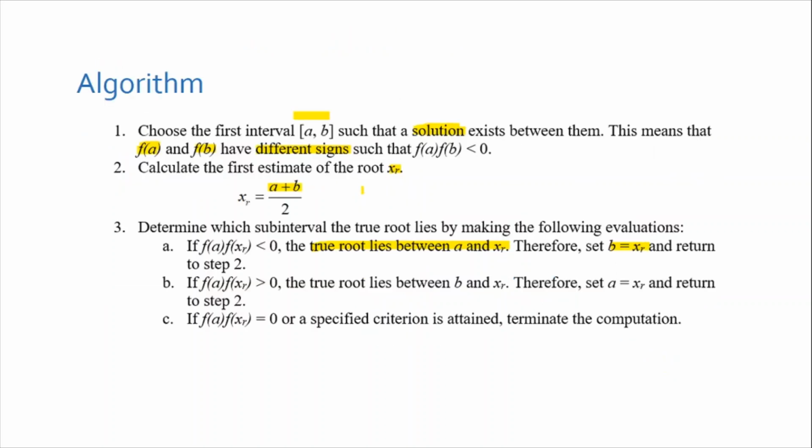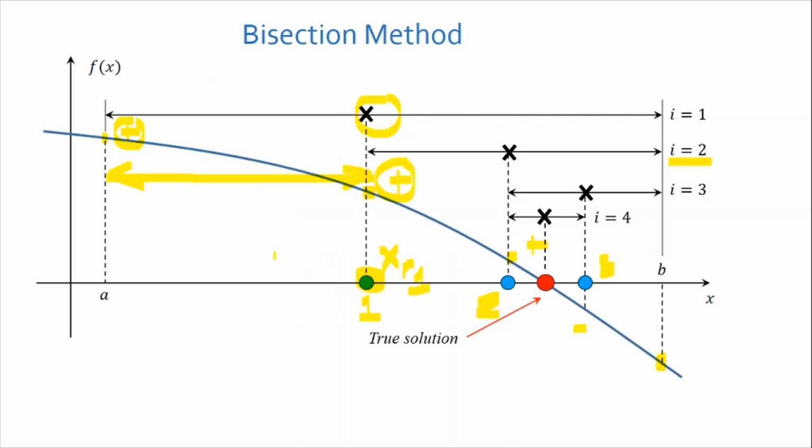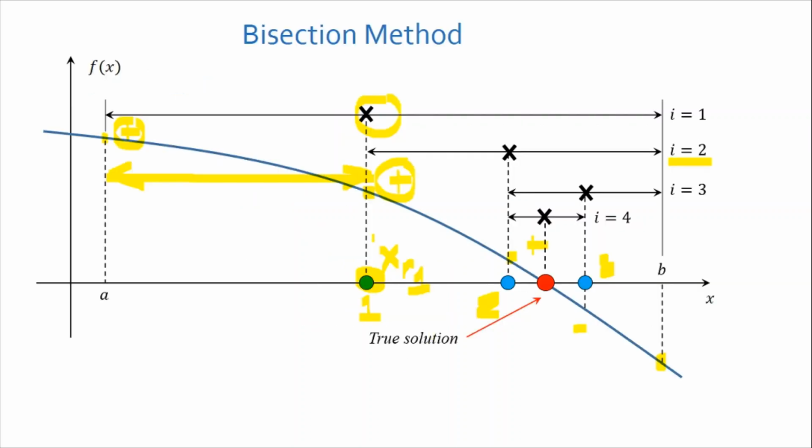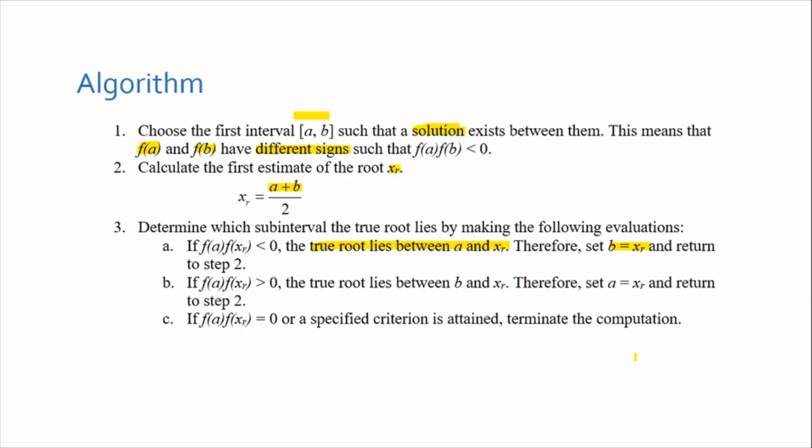So note that if f(a) times f(xr) is less than 0, the true root lies between a and xr. That is not the case here, because the value of f(xr) times f(a) is greater than 0.